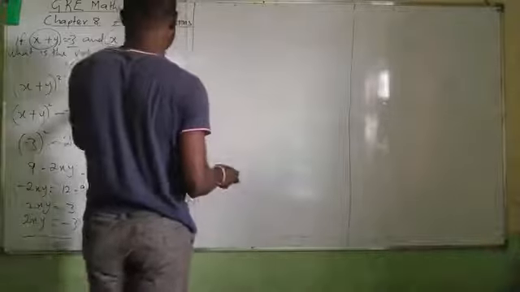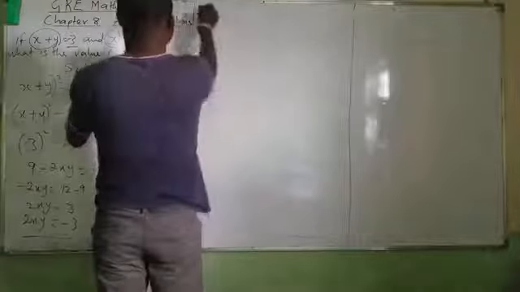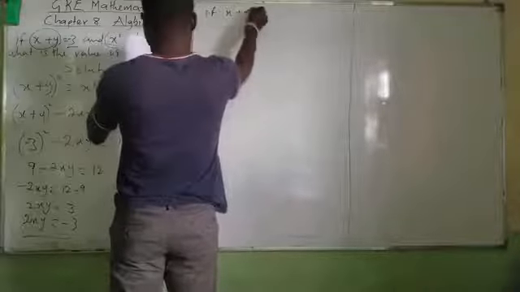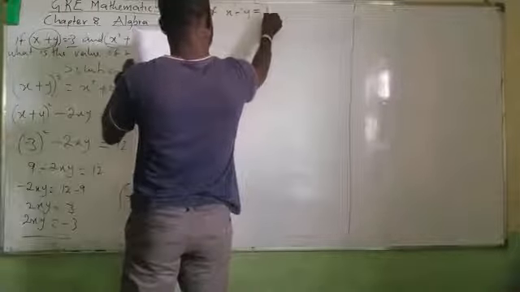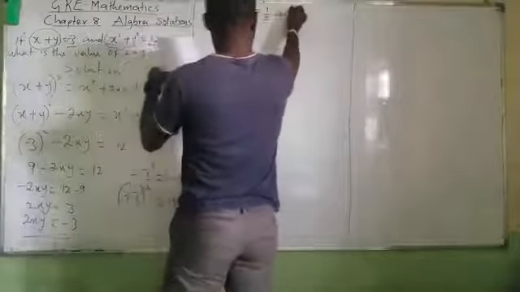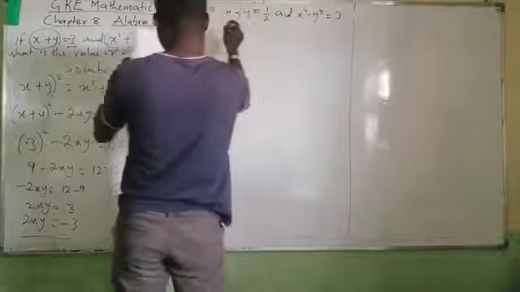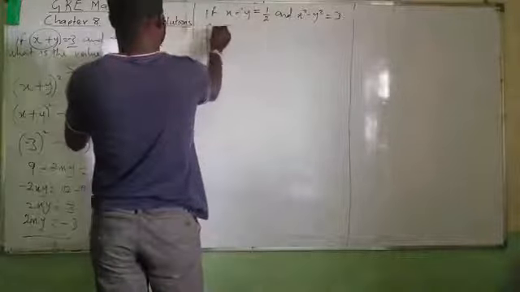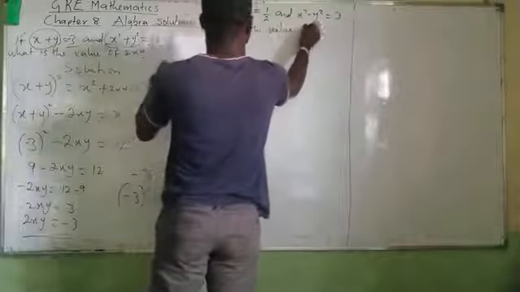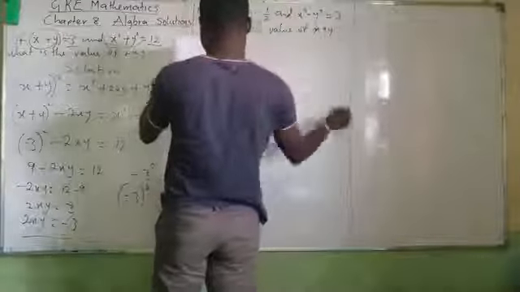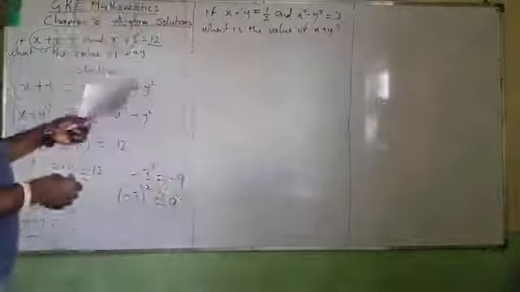If (x plus y)(x minus y) equals 1 over 2, and x squared minus y squared equals 3, what is the value of x plus y? Now, what is the value of x plus y?